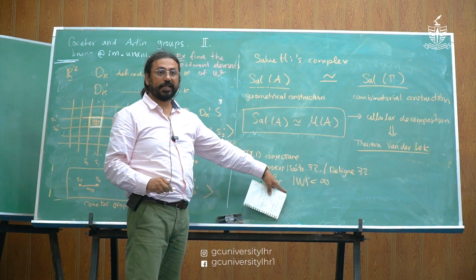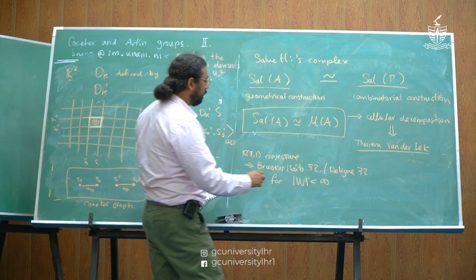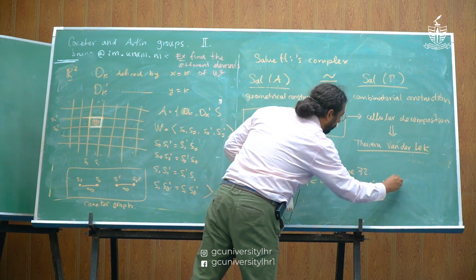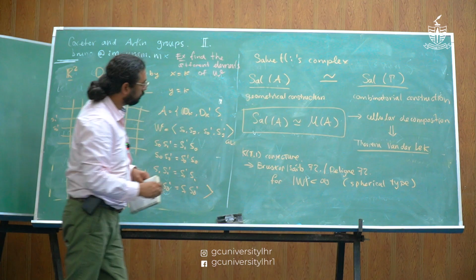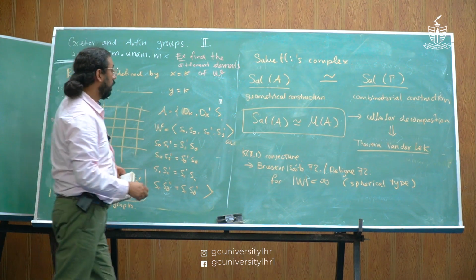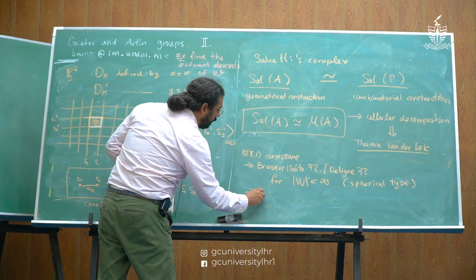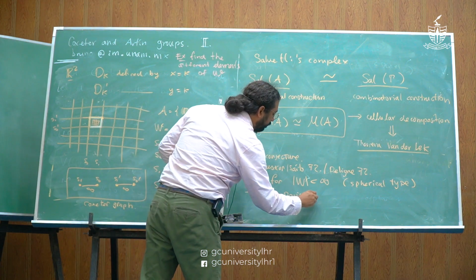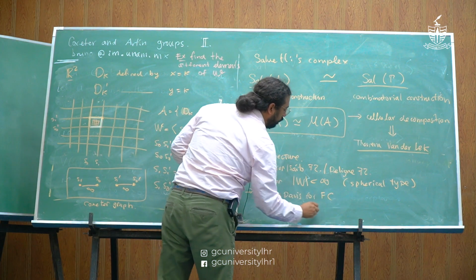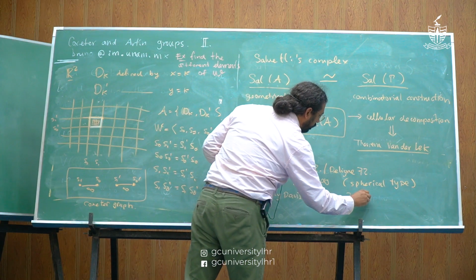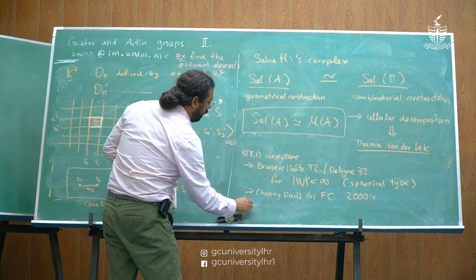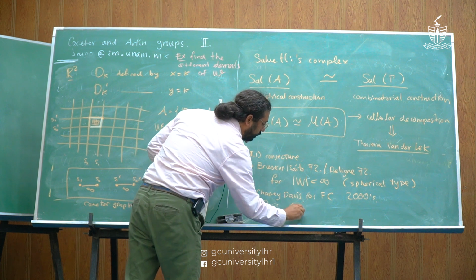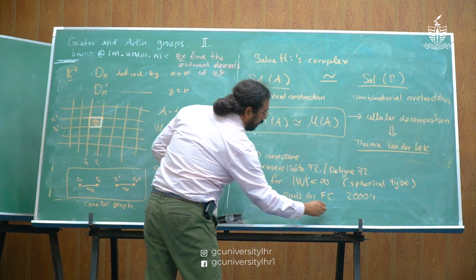When the Coxeter group is finite, it has a proper name: we say that it is of spherical type. And then by Charney and Davis for FC type. And another by Paris, in 2012, with generalizations.